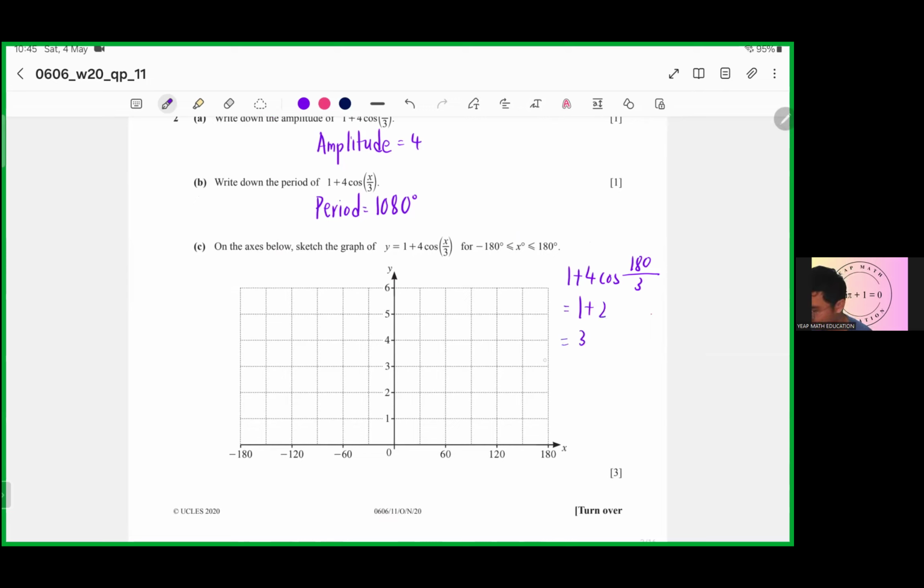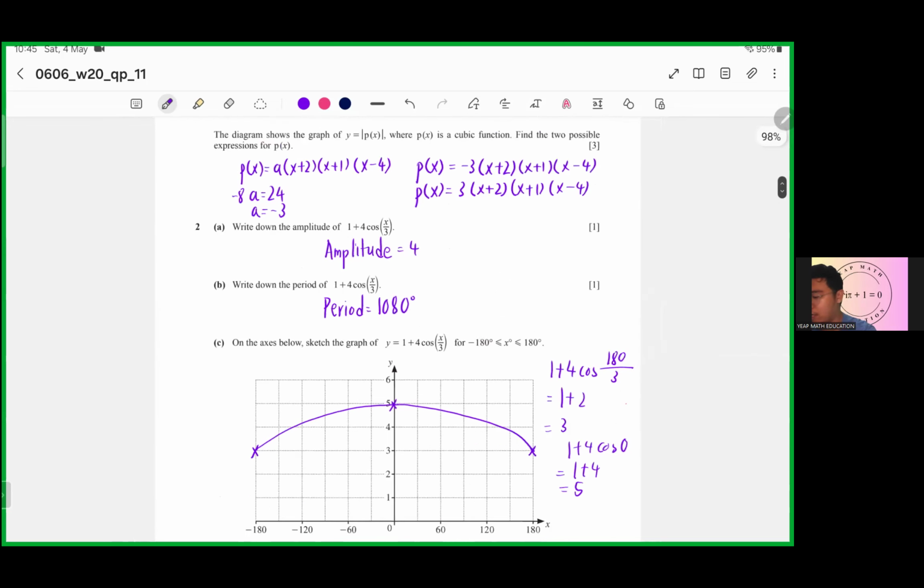So we can put 3 here, and also 5. Why is it 5? Because 1 plus 4 cos 0, we get 1 plus 4 equals 5. And then here also the same. So we just sketch it. These are our answers.